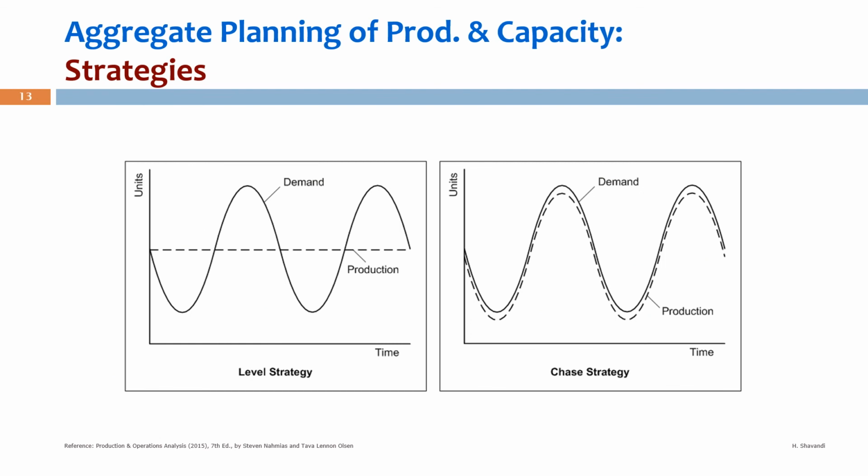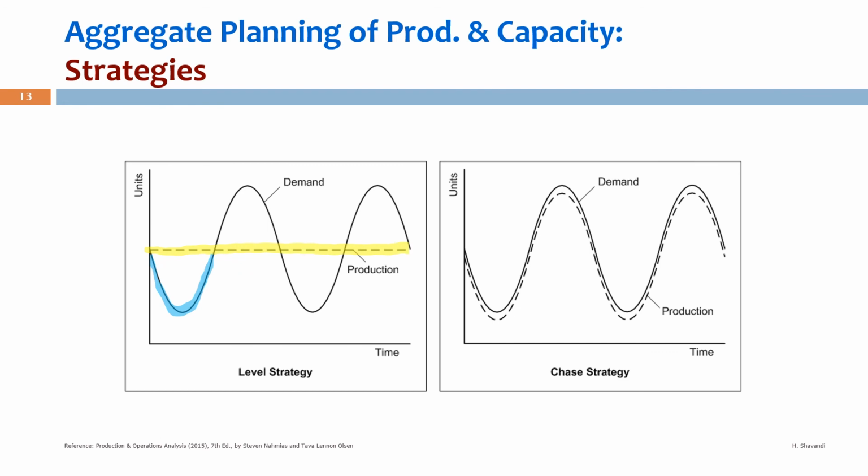In this figure, we have the two strategies. As you see here, this is the level strategy, so we have a constant level of production. Let me show with a different color here. As you see, the actual demand is lower than the production level, so in this period we will have inventory.